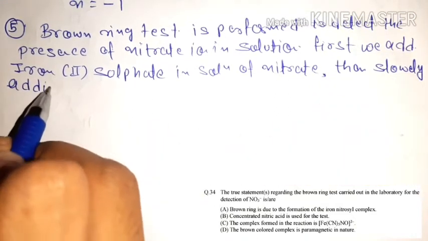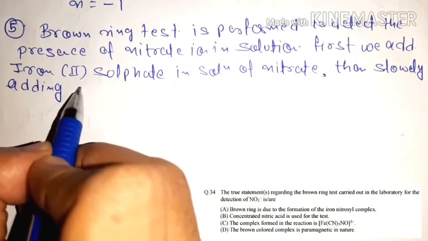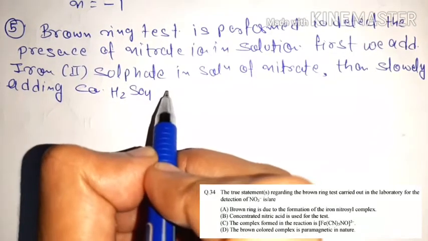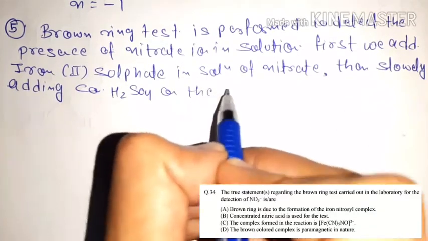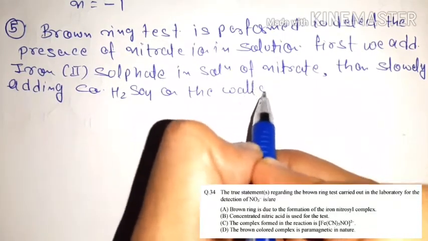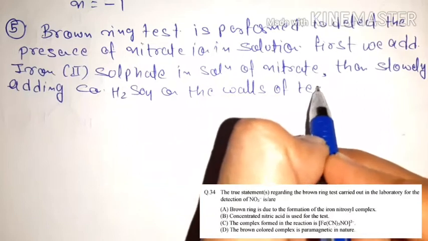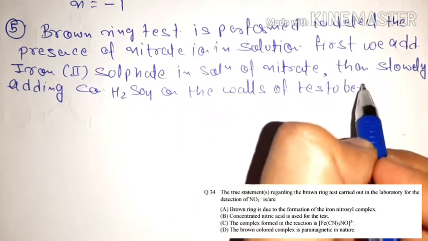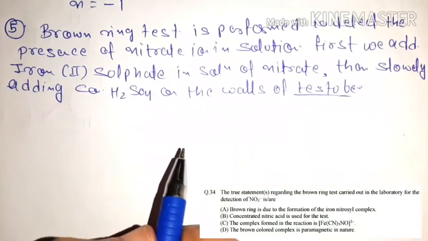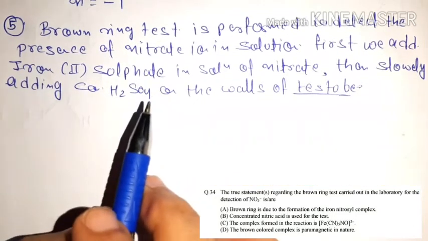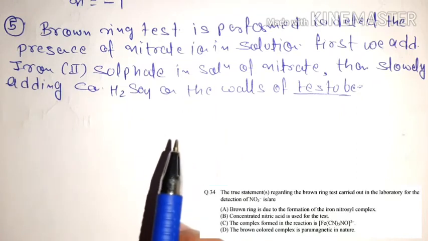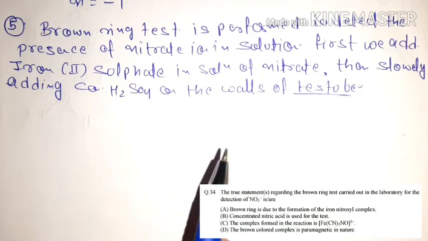So this is the whole process which we do in this test. First we add iron sulfate, then we add concentrated H2SO4 on the walls of the test tube.